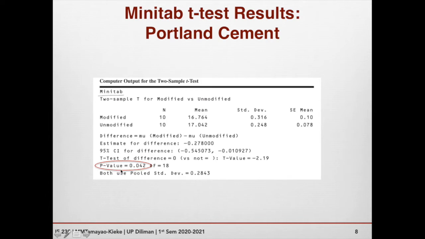Well, if you go back to the definition by Montgomery of the p-value, it's actually the probability that the test statistic will take on a value that is at least as extreme as the observed value of the statistic when the null hypothesis H0 is true. Okay?